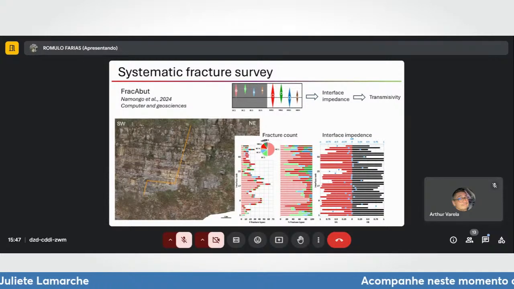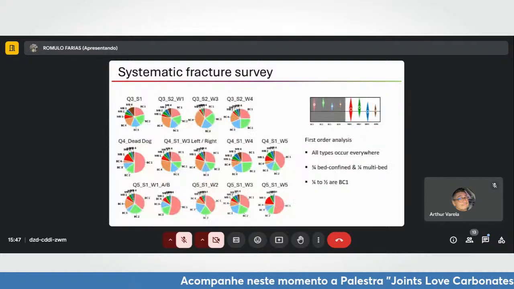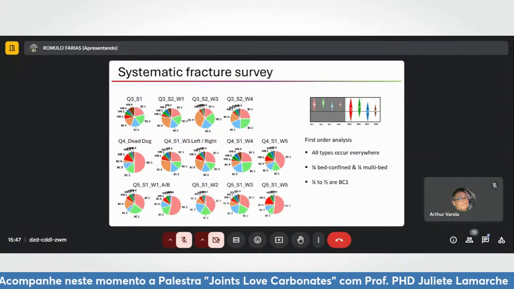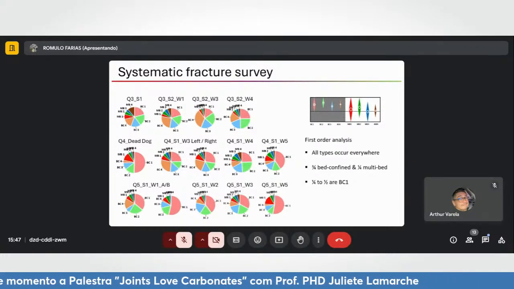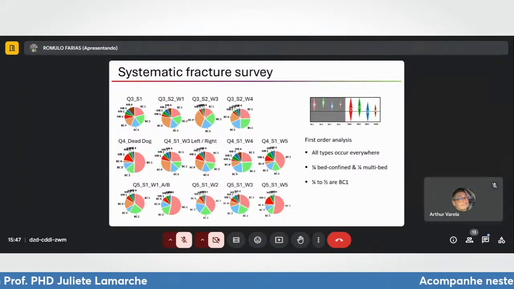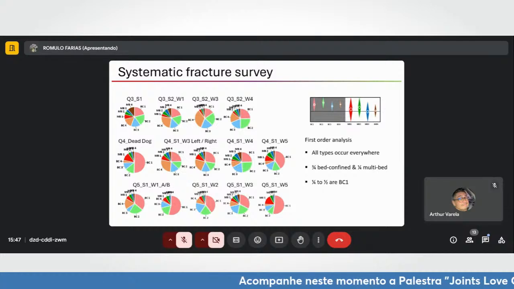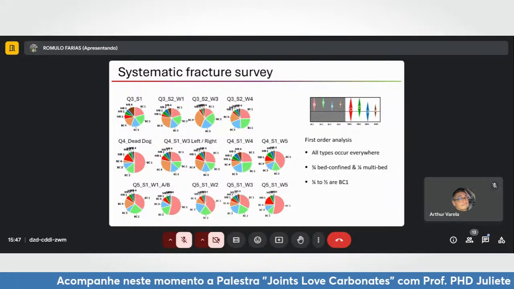So this is a kind of study we did all around the quarries. And we obtained, well, more than this, but this is a sample. We obtained this kind of analysis that shows that all types of fractures occur everywhere. We have all types of fractures wherever we go. About three-quarters of the fractures are bed confined.